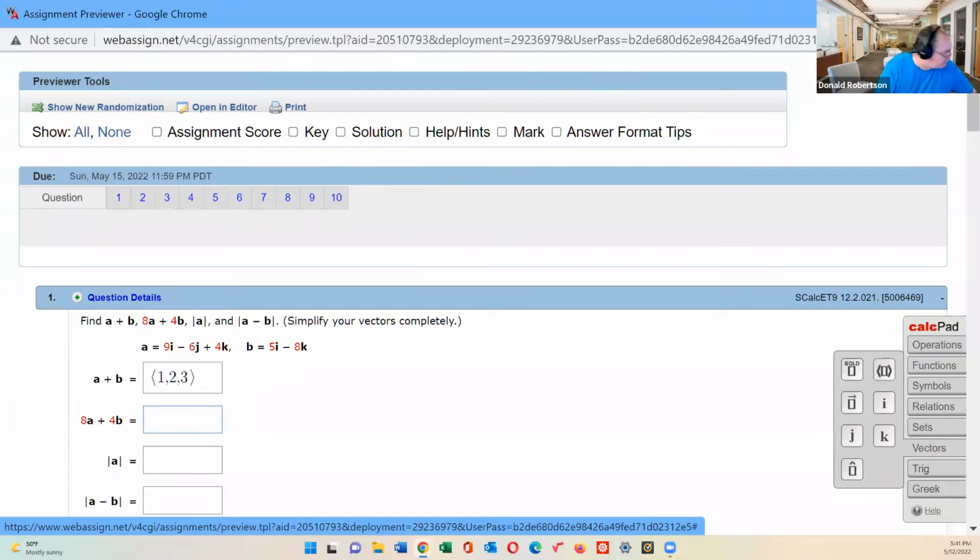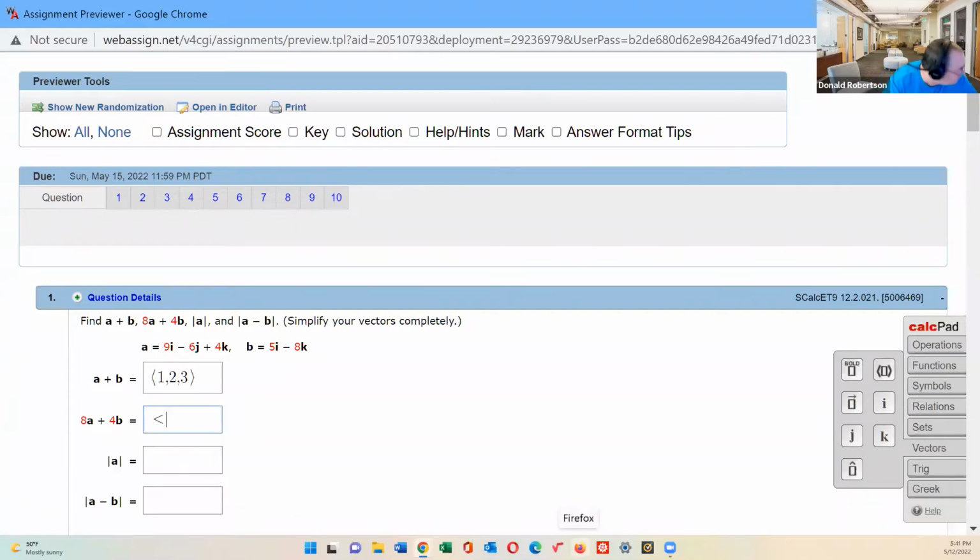If you just typed in less than symbol, 1, 2, 3, greater than symbol, it would look like what I've just written. Would you agree? WebAssign will say, don't know what you mean, you're wrong.